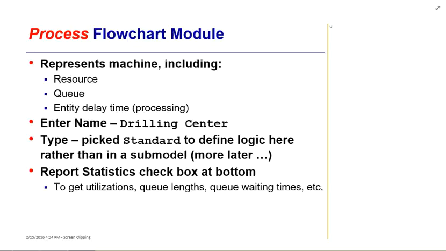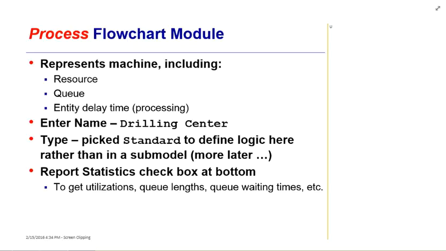But for most things, you're going to have a standard process. Your action is going to be either delay, seize delay, release, or delay release. For what we're doing now and pretty much through the semester, keep it at seize delay release. That seems to work the best for the type of stuff that we're trying to do.